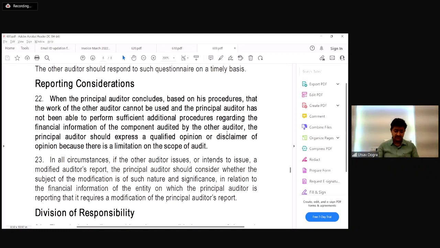And in the present case, if the principal auditor is of the opinion that the other auditor's work cannot be used, like in the case that I just spoke about, in case of a foreign entity where the financials were not signed by the auditor.